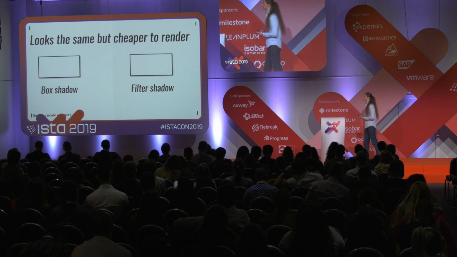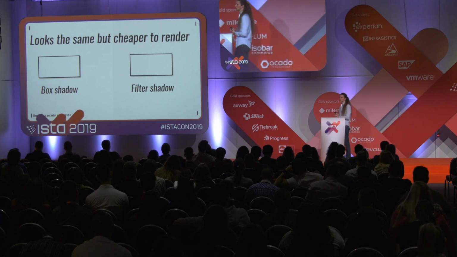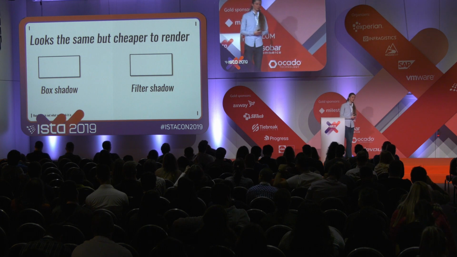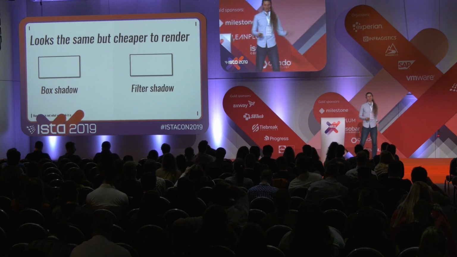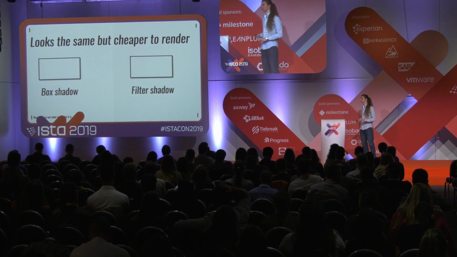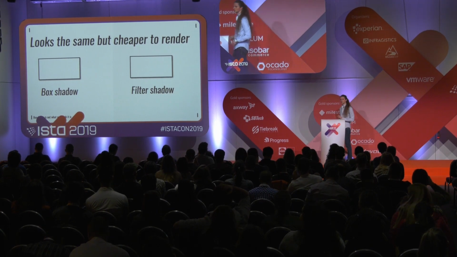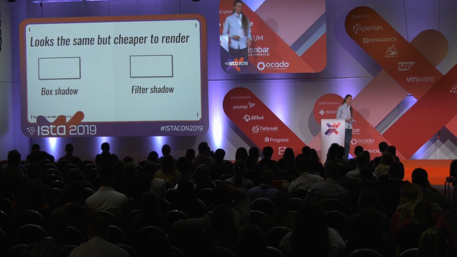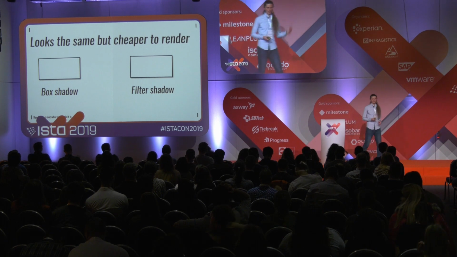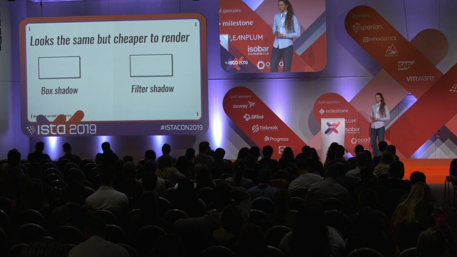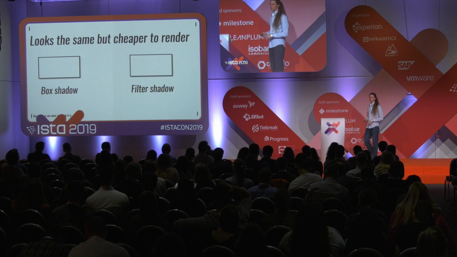You don't need filter shadow. Filter shadow you only need when you have more complex shapes with an alpha mask. And again, if it's just for the shadow and it's not going to be animated or changed in any event during the lifetime of your app, you can again consider just creating an image for this. But it really depends on the use case.